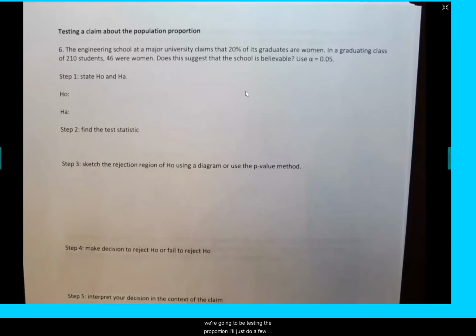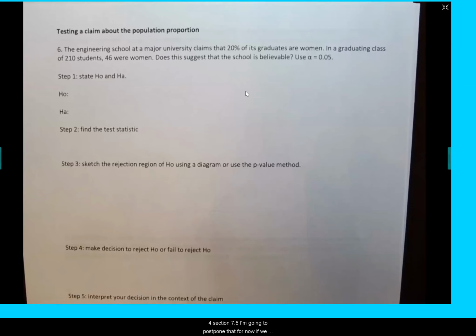We're going to be testing the proportion. I'll just do a few problems here, guys, and then that would be it. For section 7.5, I'm going to postpone that for now. If we have time, we'll come back to it. But I want you to do 7.1 to 7.4 for now. So just focus on those sections, and you should be able to work all of them this week after I'm done with this.